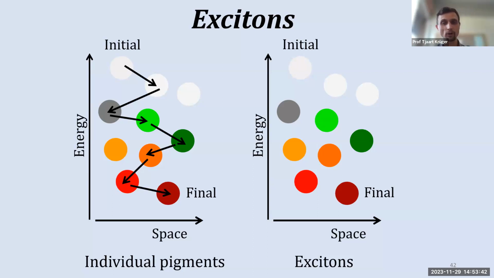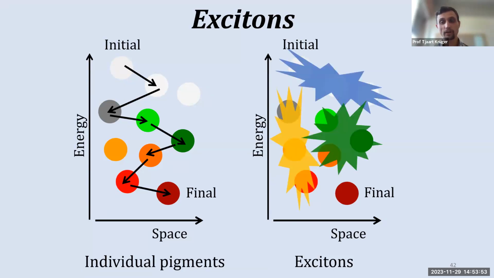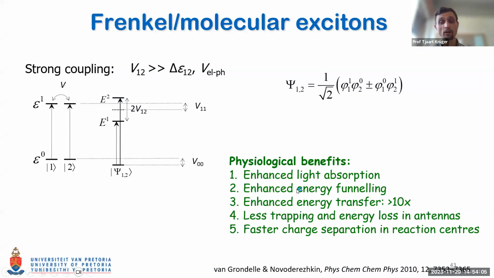So a relatively long process. If some of these pigments cluster together to form strong excitonically interacting states, one can picture it like this. In this case, only 3 steps are needed from the input to the output. So fewer steps are needed, which gives rise to enhanced energy funneling, from higher energy states to lower energy states, and also faster energy transfer.